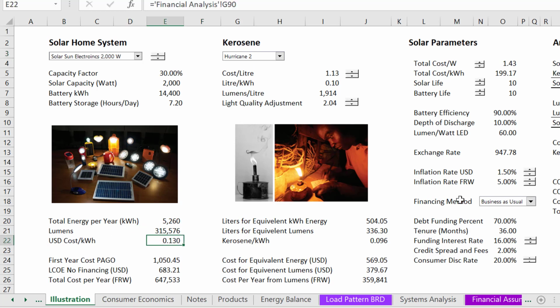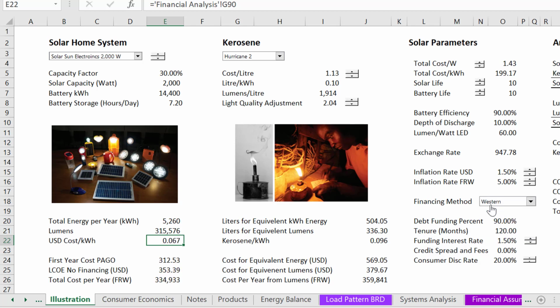So if we had this business as usual case, we'd have 13 US cents per kilowatt hour. With this renewable energy fund and some lower interest rates, we'd have this one. And if we just didn't have any financing, we'd have 12 cents.